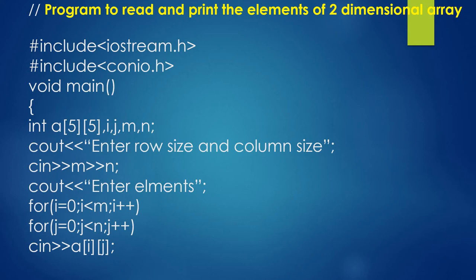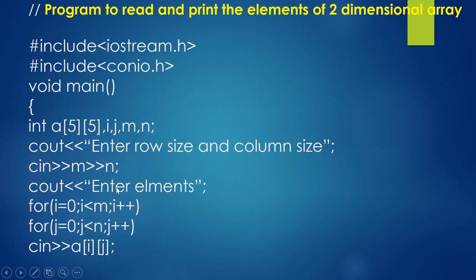When declaring the two-dimensional array, A[5][5] means we can store a maximum of 5 rows and 5 columns. Here the iteration variables are I and J. M is the row size, N is the column size. Then enter the row size and column size, that is M and N.